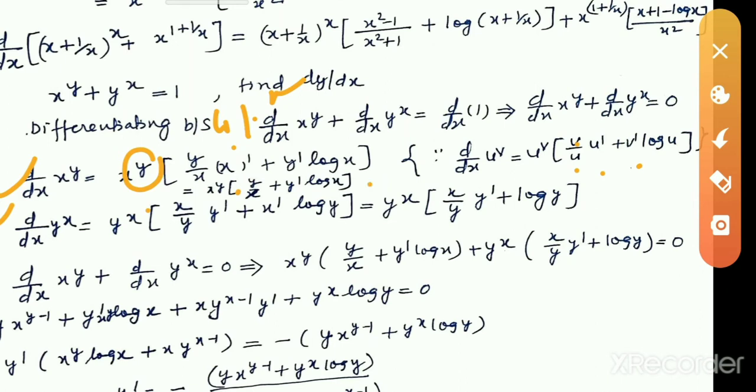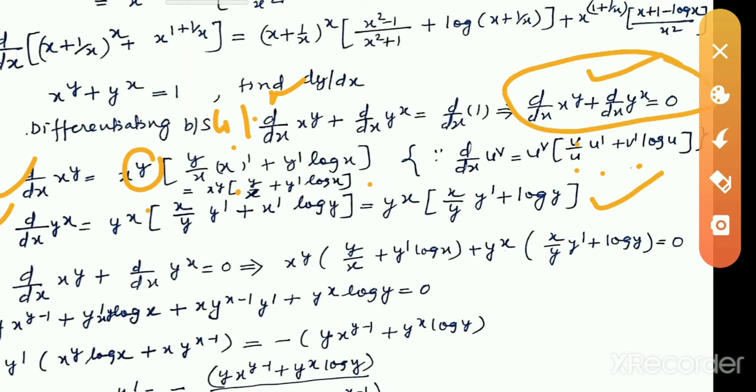Now it will become x^y into (y/x + y' log x). Okay, now similarly find the derivative of y raised to the power x. Now put all these in this relation.